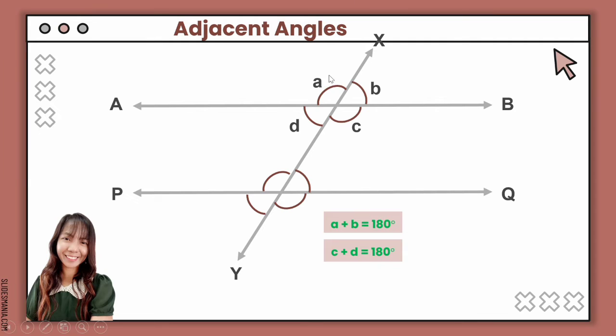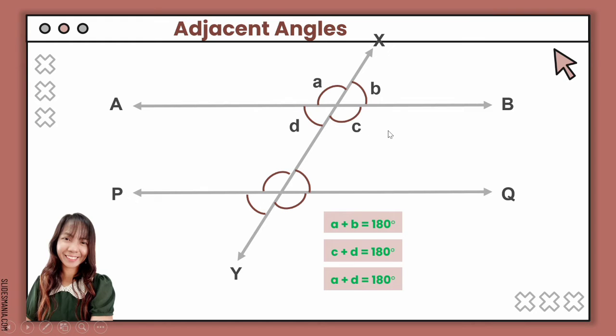So another adjacent angles, angle A and angle D, right? Next to each other, just beside the one angle. So angle A plus angle D equals 180 degrees.